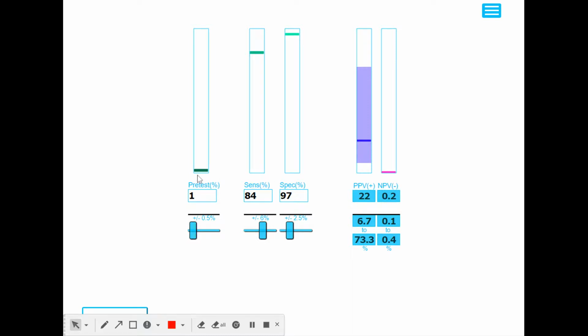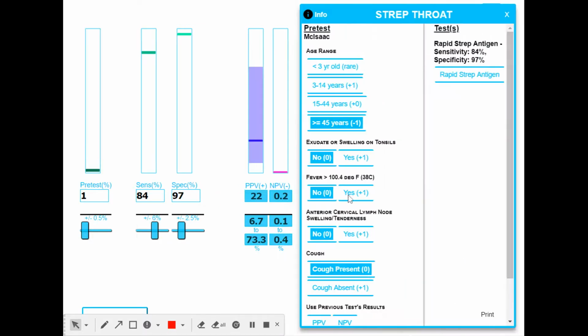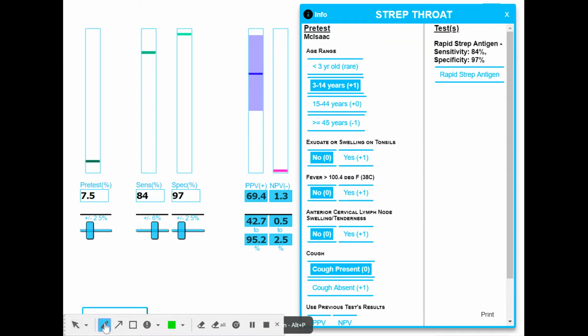And the reason for that is because the pretest probability is so low. Because of the low pretest probability, the test can never really provide useful information. However, if the patient had been 5 years old instead of 45 years old, because the pretest probability is higher, you'll see that the post-test probability of the test is also higher, almost 70%.